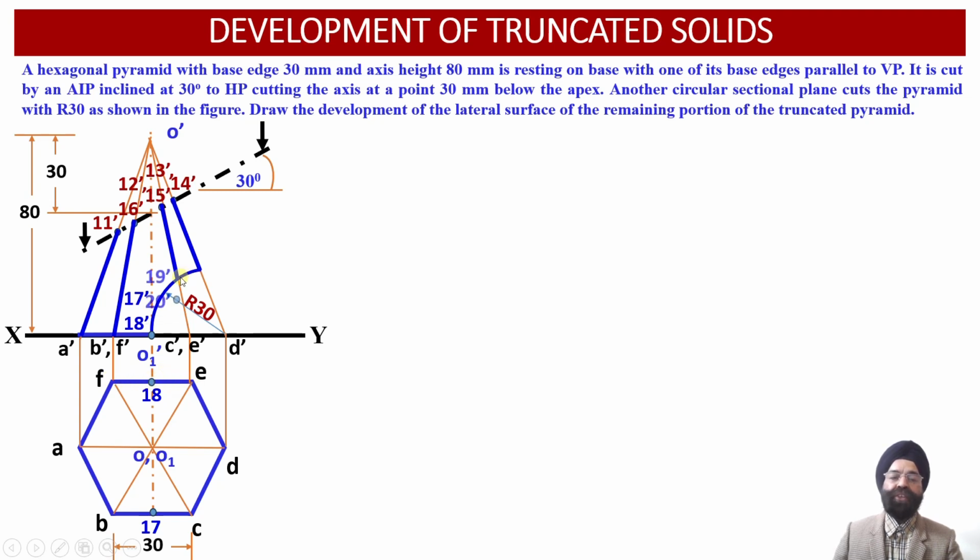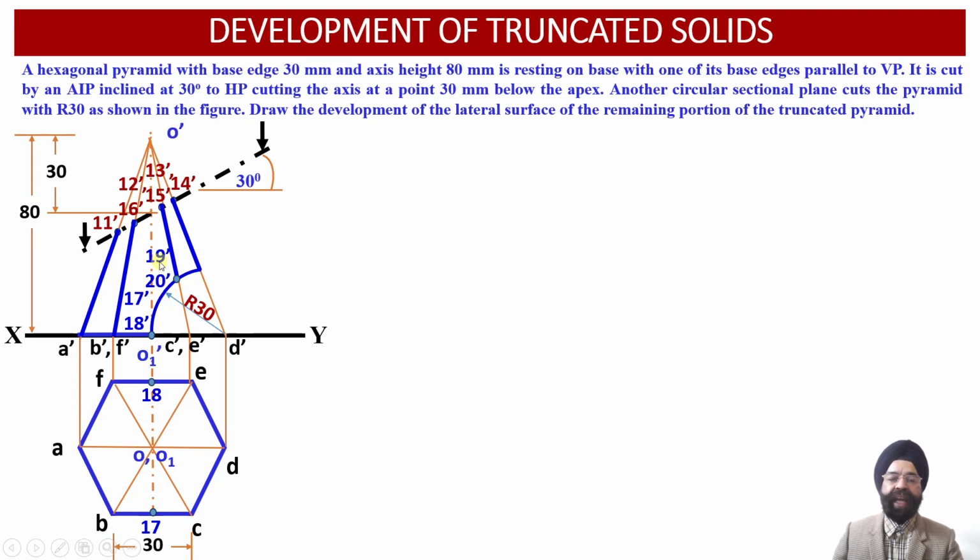Then the next 2 points of intersection happen to be 19 dash and 20 dash. These 2 points of intersection of the circular cutting plane with the hexagonal pyramid are obtained in such a way that the circular cutting plane has intersected with the slant edges O dash C dash and O dash E dash at the points 19 dash and 20 dash respectively.